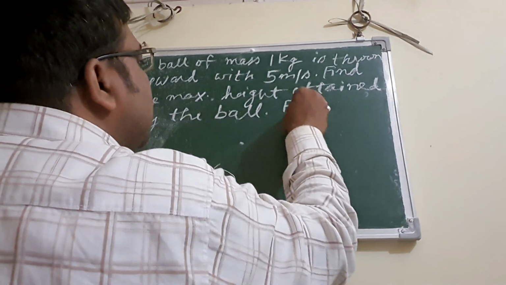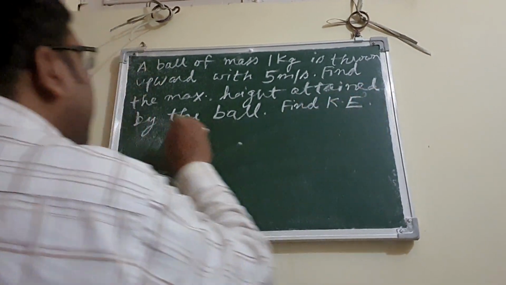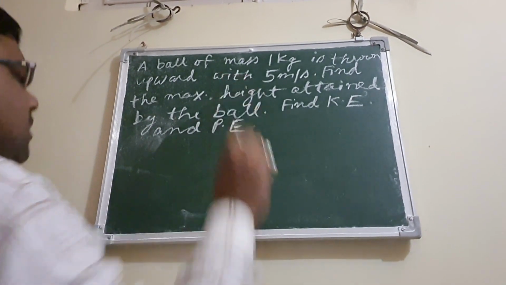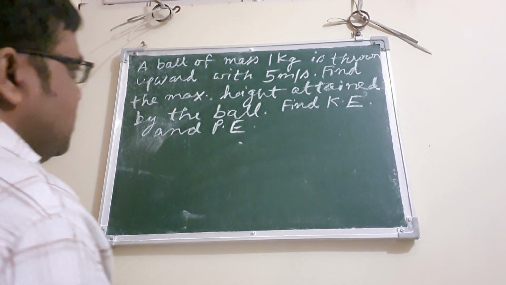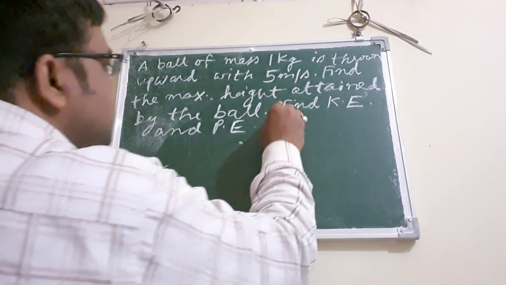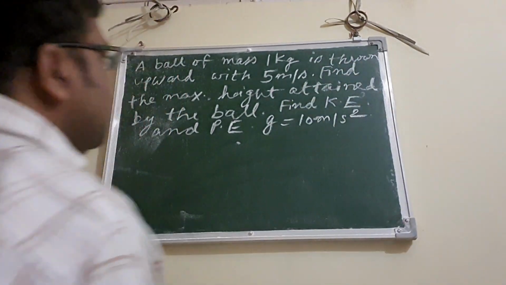Find kinetic energy and potential energy. So this is our question, and gravity is 10 meter per second square.